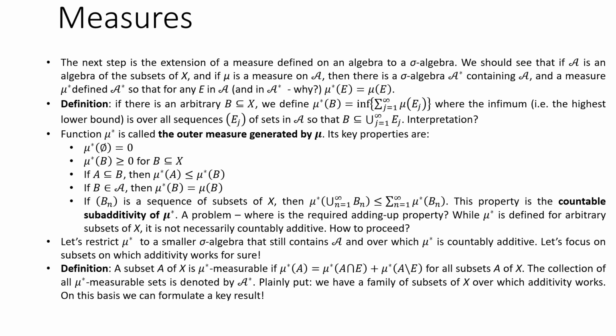So practically speaking, we look for series of subsets in the algebra, so that a given set is in the union of this series of subsets, and the measure for the sigma algebra is the infimum of this set of measures.